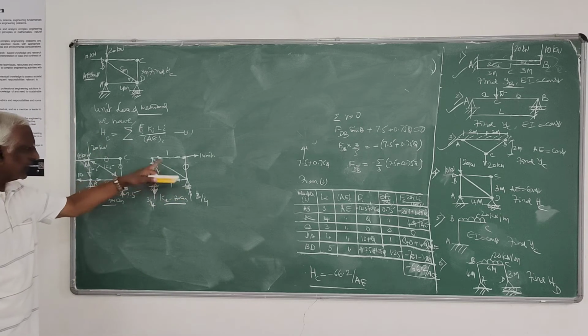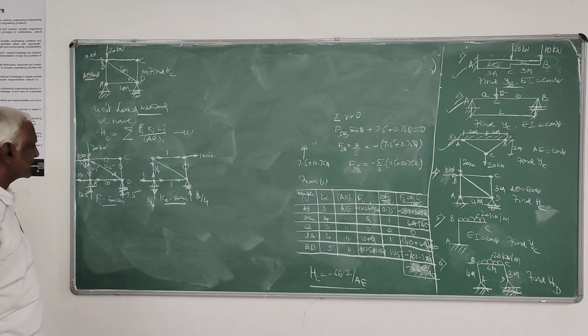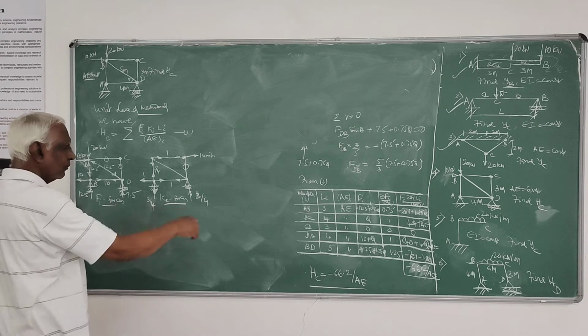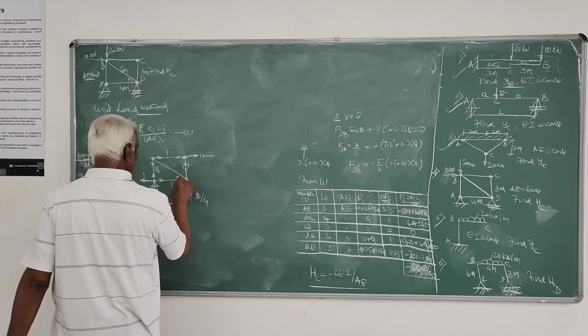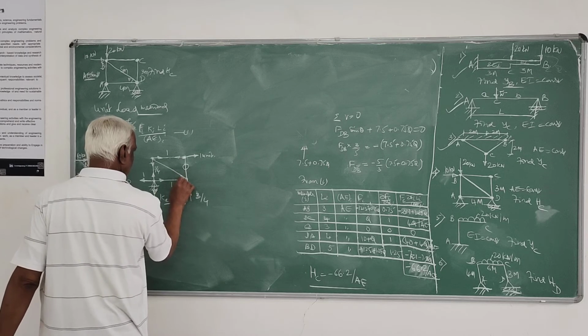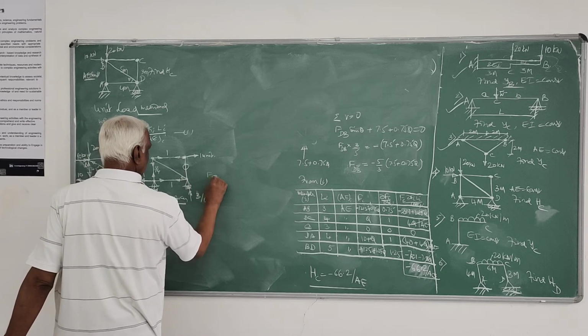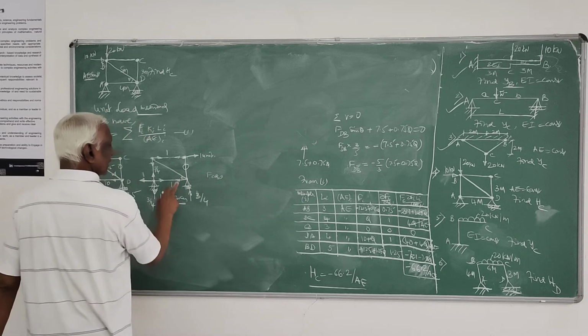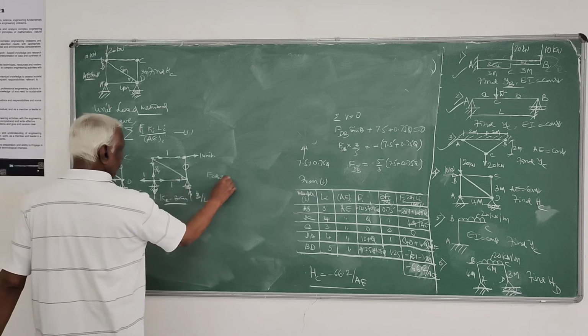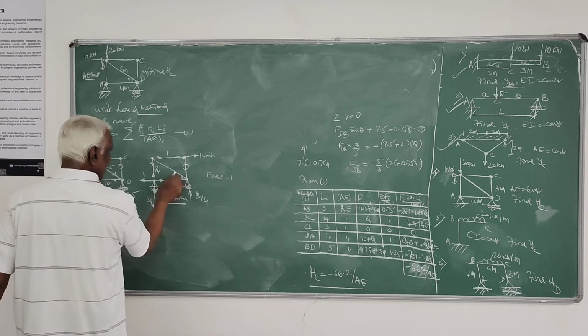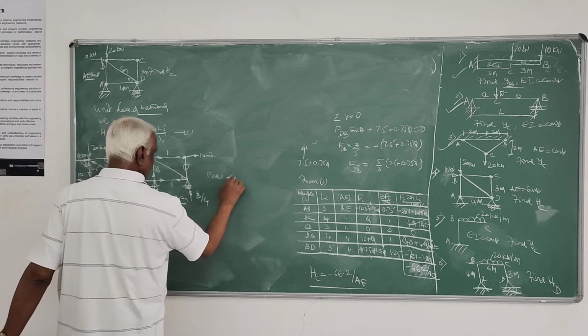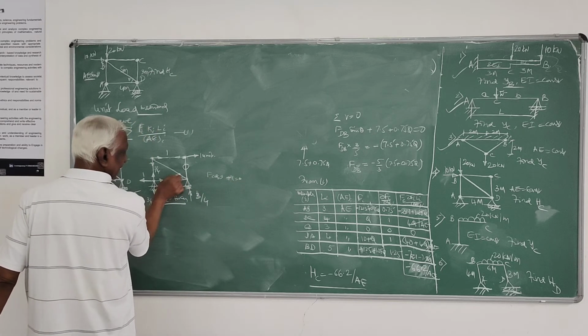Then you have to find the force in the inclined member. Taking theta, F cos theta, if I take 1 minus, F cos theta plus 1 equals 0 if I take this side.